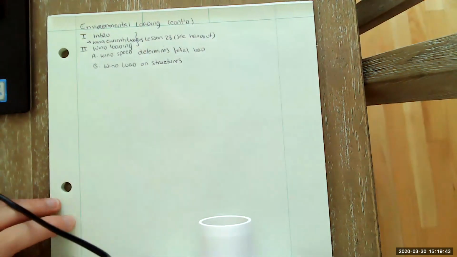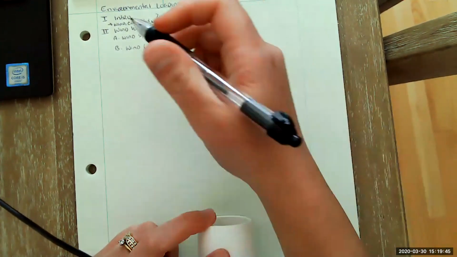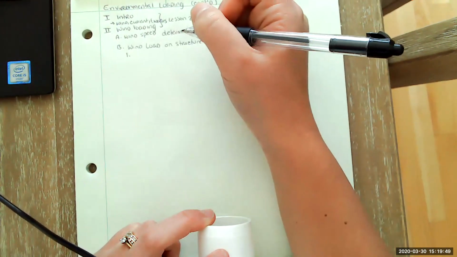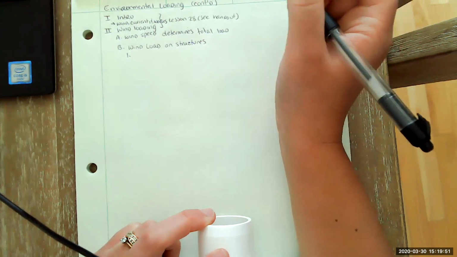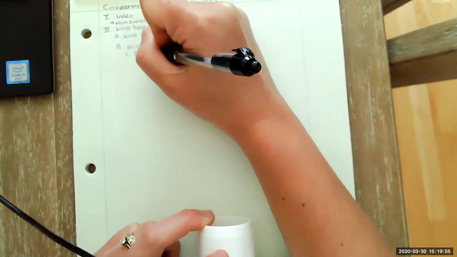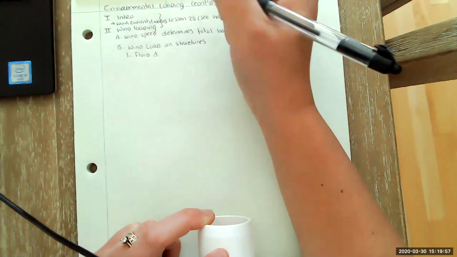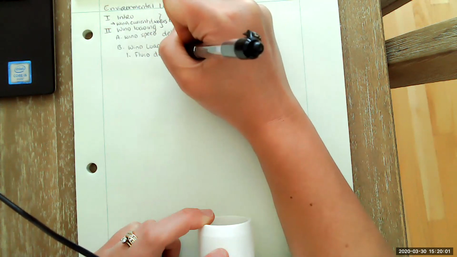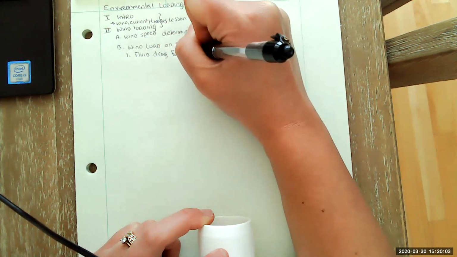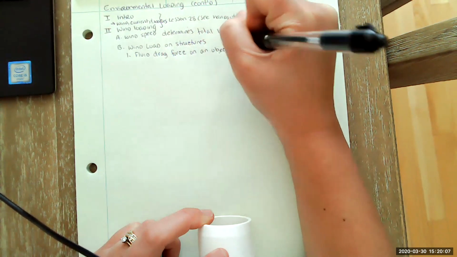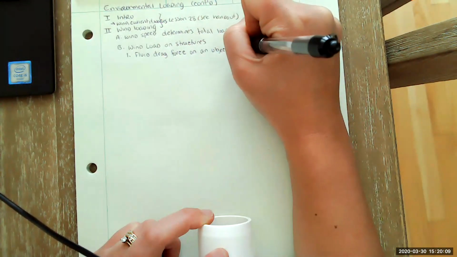This is going to be very similar to some of the things you've talked about in fluid dynamics. To calculate the wind load, you'll use the fluid drag force equation for the fluid drag force on an object. Here's the equation.